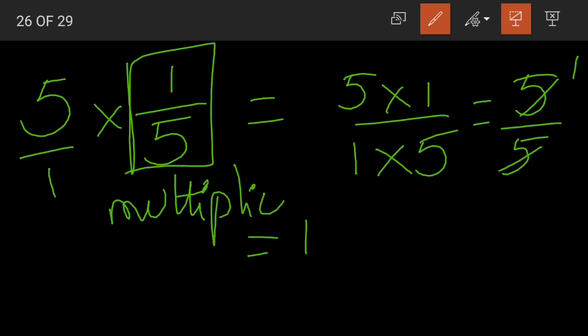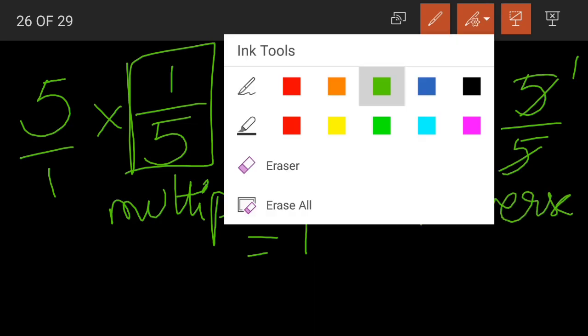What does it become, class? It becomes the multiplicative inverse. Sorry, not identity. Multiplicative identity is 1. Multiplicative inverse is 1 by 5. Inverse means the reverse. Whenever a number is given to you, you write the reverse of that number. Numerator becomes the denominator. Denominator becomes the numerator.